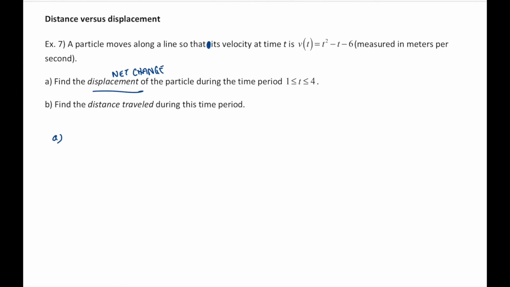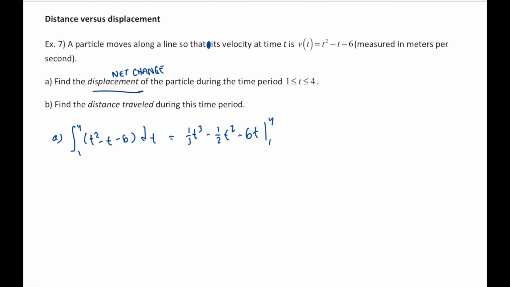So part A, we're going to have the integral from 1 to 4 of t squared minus t minus 6 dt. And so we can find the antiderivative. That gets us 1/3 t cubed minus 1/2 t squared minus 6t, evaluated from 1 to 4.